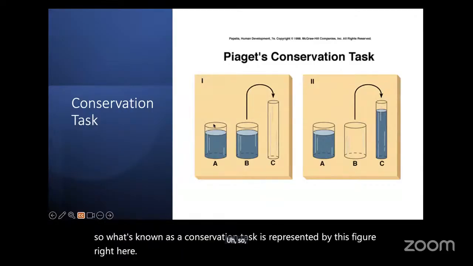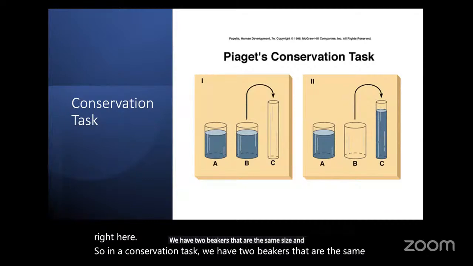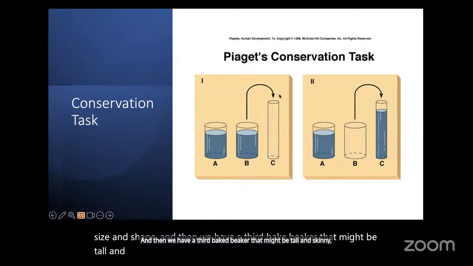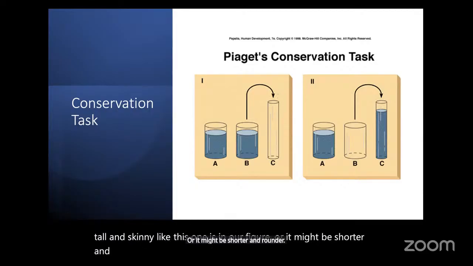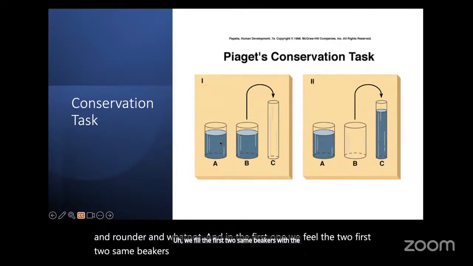So in a conservation task, we have two beakers that are the same size and shape. And then we have a third beaker that might be tall and skinny, like this one is in our figure, or it might be shorter and rounder and whatnot. And in the first one, we fill the first two same beakers with the same amount of liquid.